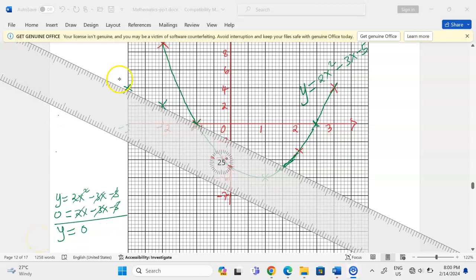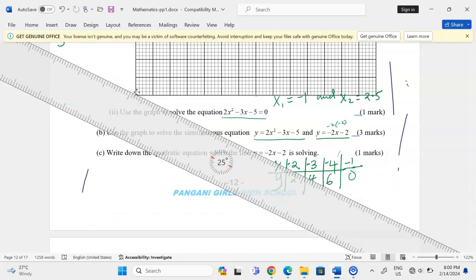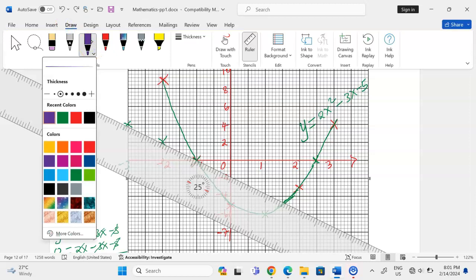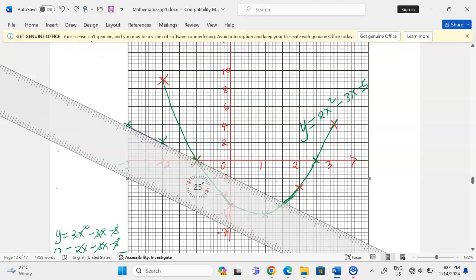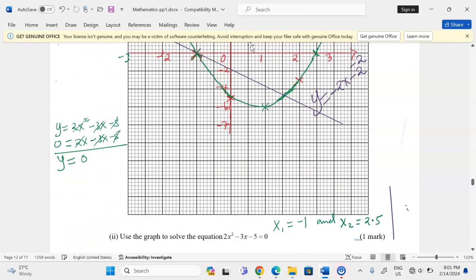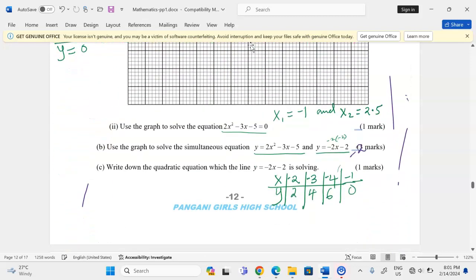Yes, so the line is going to pass through this point. Yes, so I do a very straight line through that point. So now this is going to be named the line y equals -2x minus 2. That is now the line which has been plotted.